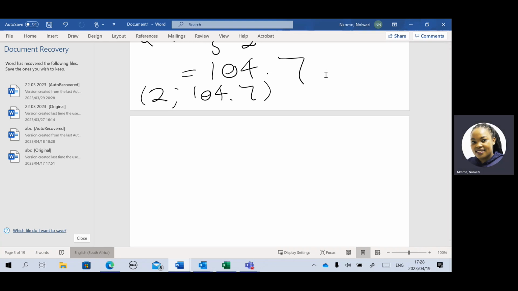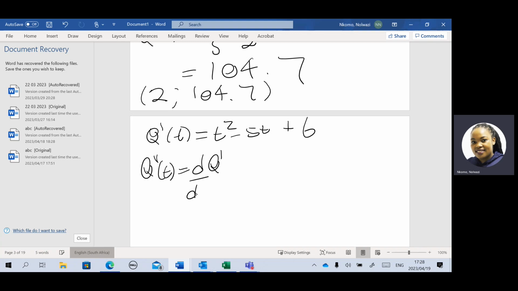That means we need to find the second derivative of Q. We said the first derivative of Q is t squared minus 5t plus 6. To find the second derivative, we need to differentiate the first derivative of Q, meaning we differentiate t squared minus 5t plus 6 with respect to t.